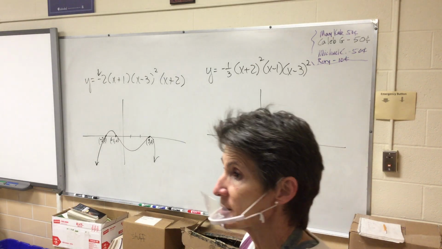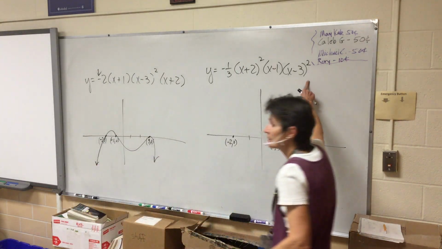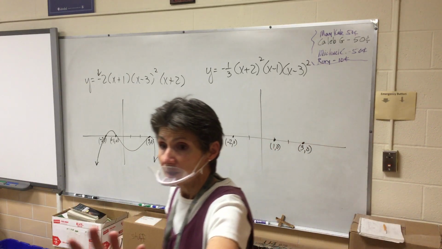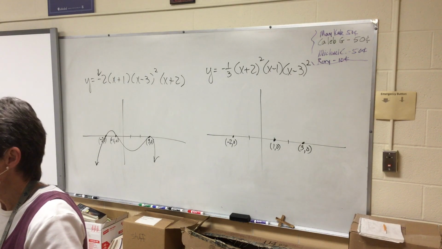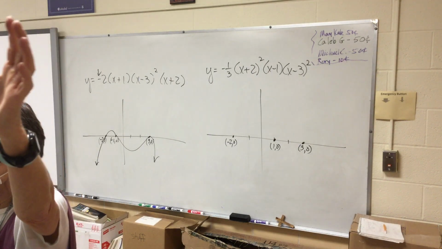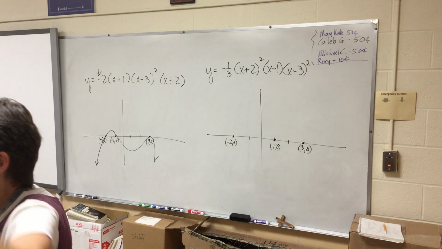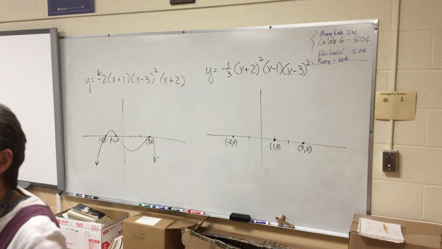All right, here we go, guys. How many X's do we have if we multiply it all out? 5. 5 is odd. Odd starts down and ends up. But there's a negative out in front, which means it's going to start up and come down. Yes.